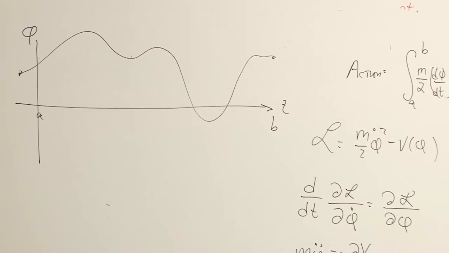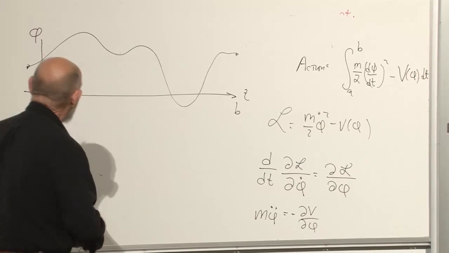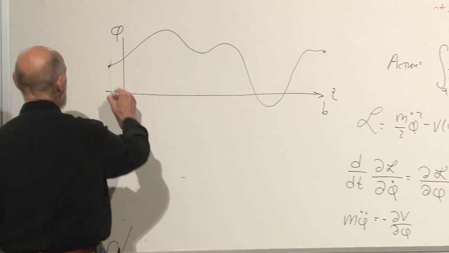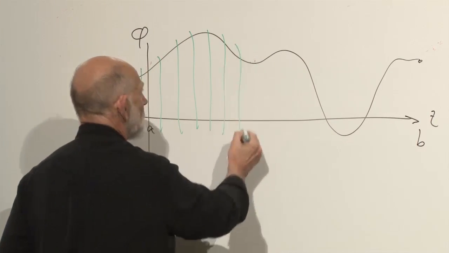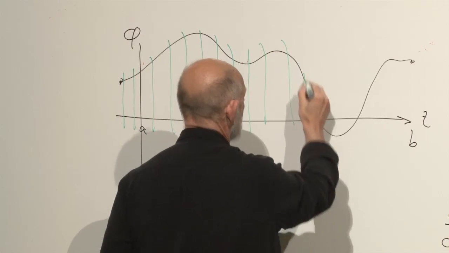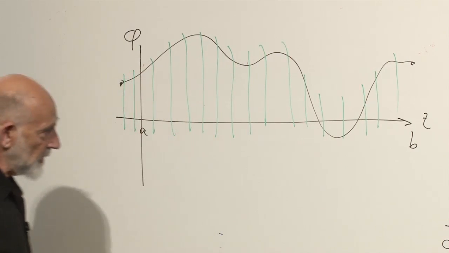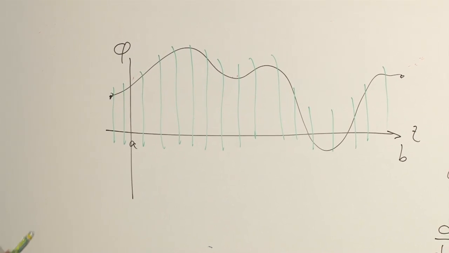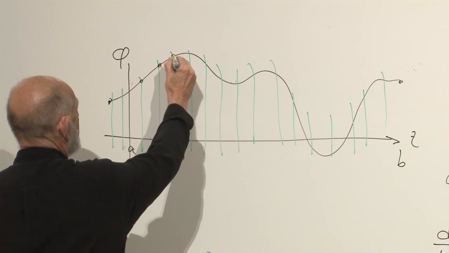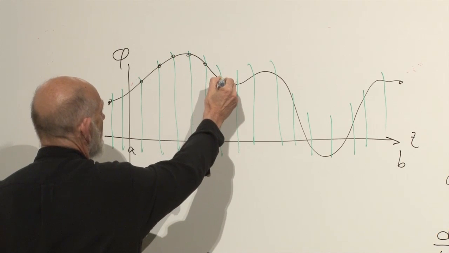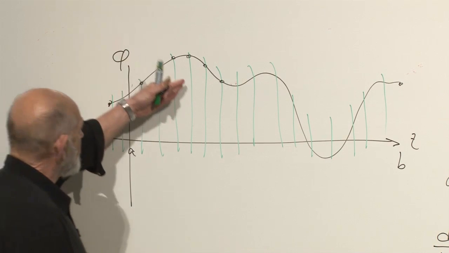And the way that I like to think about it, I think we worked this out last time, is you divide the time axis into a lot of little pieces. And instead of thinking of the action as an integral, just think of it as a sum of terms. And what do those terms depend on? They depend on phi at each time. In other words, the total action is simply a function of a lot of values of phi.